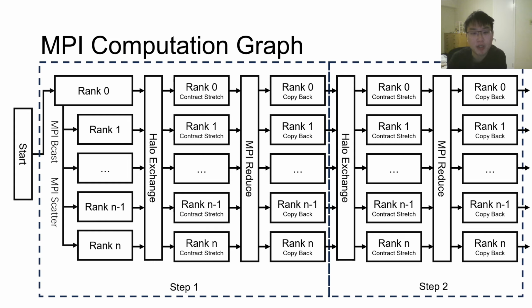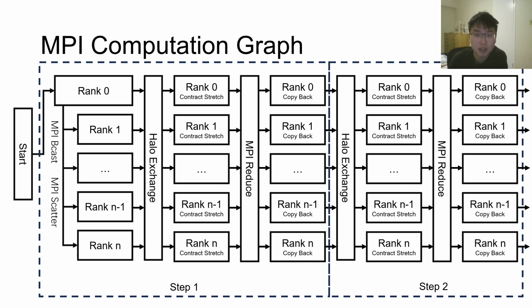So when we convert this IR into a computational graph, each rank appears as an individual loop, and in every step, each rank has a halo exchange node, which is followed by a local contrast stretching, then we have an MPI reduce, and then a copy back node.